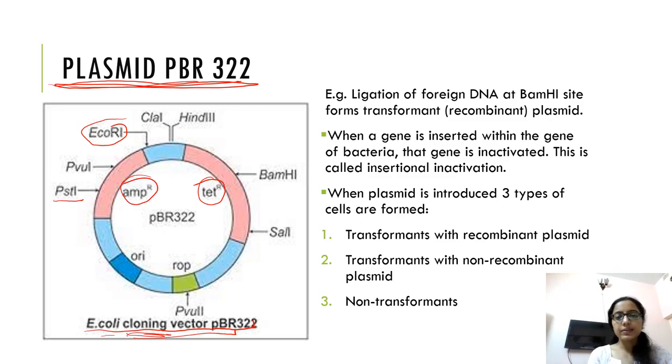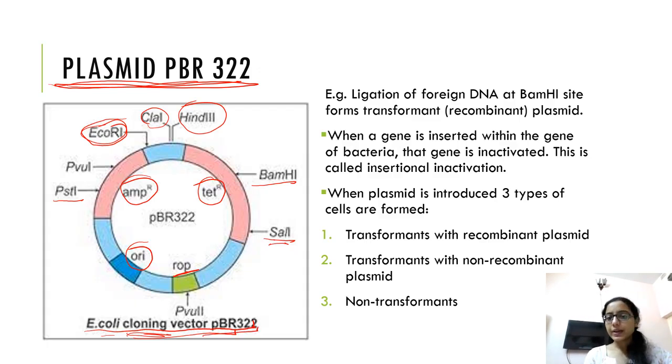This is called PstI, BamHI. These are the antibiotic resistance sites. This is the ORI region, that means the origin of replication site is also present. These are the different marker sites present, selectable markers. So multiple markers are present in this pBR322.